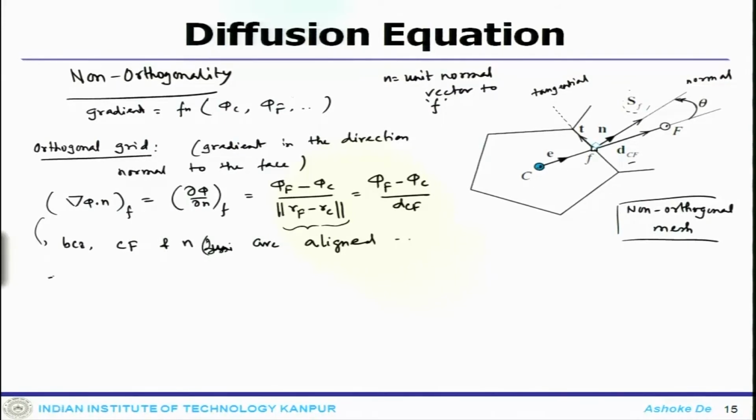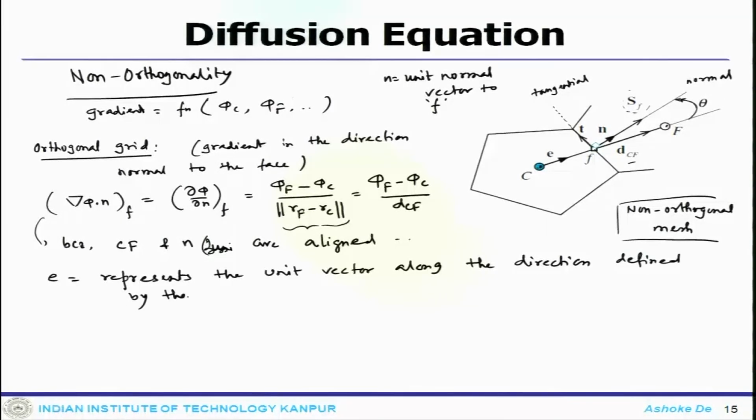Now, if E represents the unit vector along the direction defined by the line connecting C and F, so E actually defines the unit vector along the line C and F, which are joined along that.